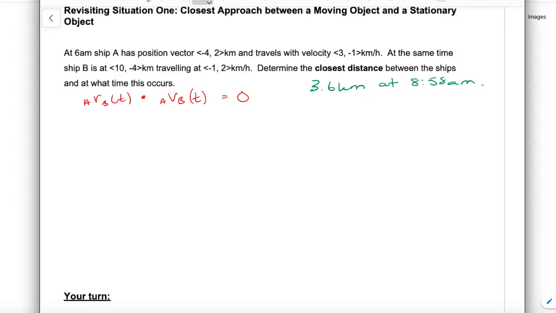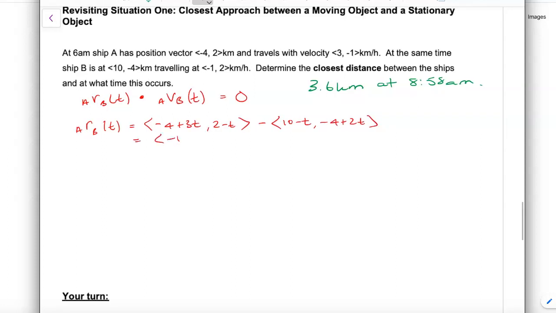So let's work out first of all our A relative to B vector. So this is going to be -4 plus 3t and 2 take t for the displacement of A, take the displacement of B over time. Now we have 2 ships moving, and we get -14 plus 4t and 6 take 3t, and we found that earlier.